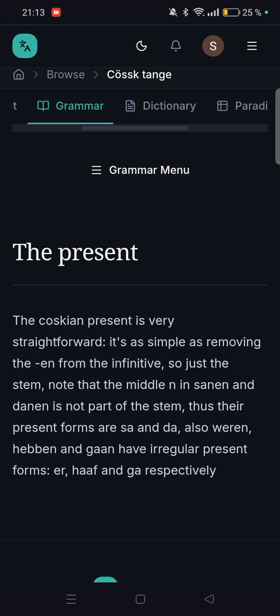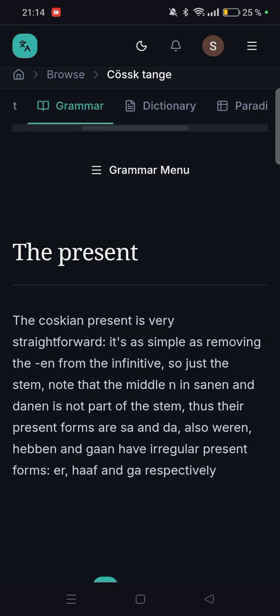So the present of veren is er. Yeah, this is Nordic, I know. But English are is also Nordic, okay? So that was my main reason for making the copula Nordic, from Old Norse. The present of hebben is half, and the present of gan is ga.